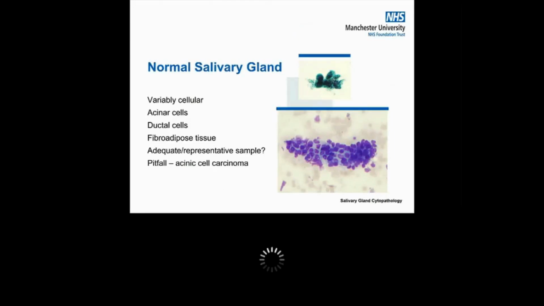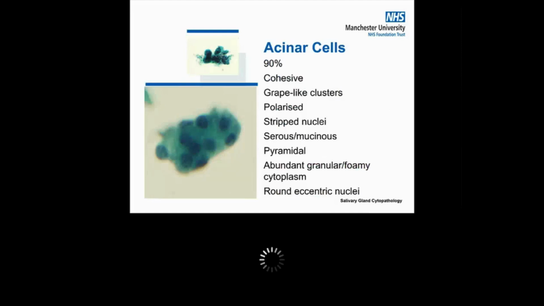Moving on to the cytology of salivary gland FNAs. So normal salivary gland samples would be composed of acinar cells and ductal epithelial cells, with or without fibroadipose tissue. If we receive an FNA sample from a salivary gland and all we have is normal salivary gland constituents, we need to ask ourselves whether or not this is representative of the lesion, especially in the context of a radiological mass.